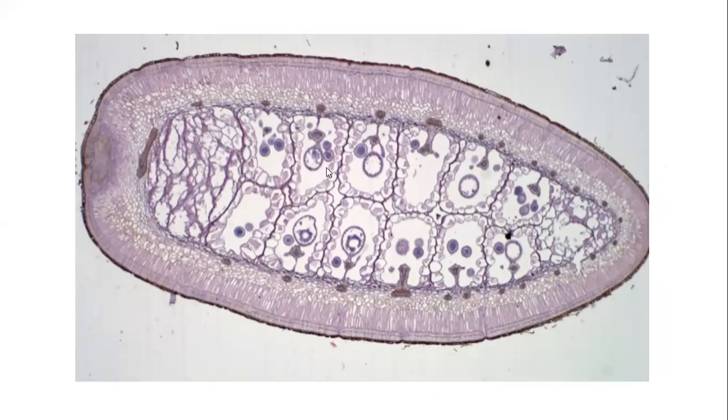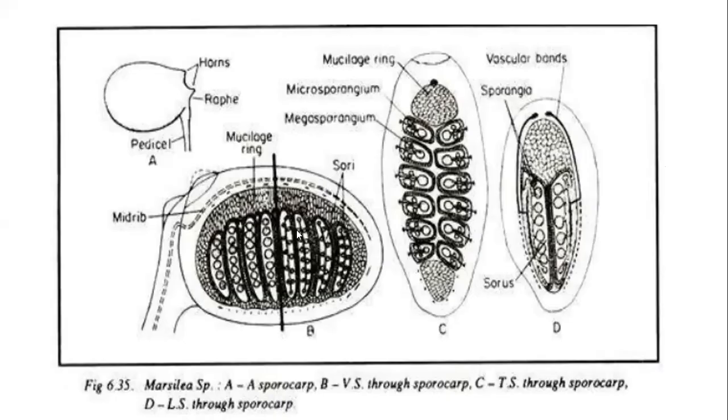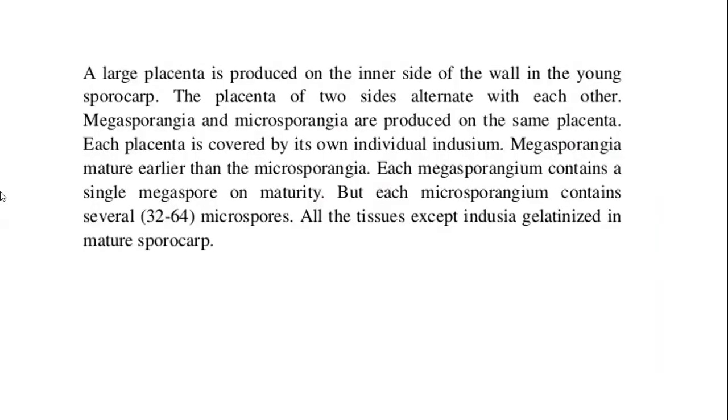Now within the sorus, you can see the presence of a single megasporangium and laterally arranged two microsporangia. I repeat, each sorus consists of a single megasporangium and two or many microsporangia.